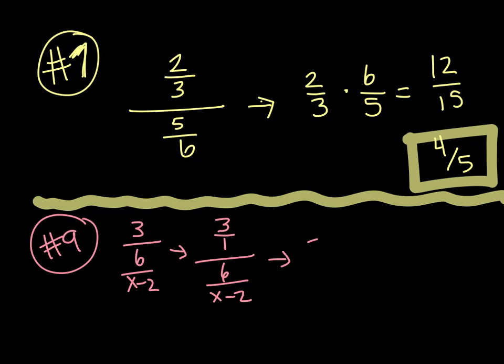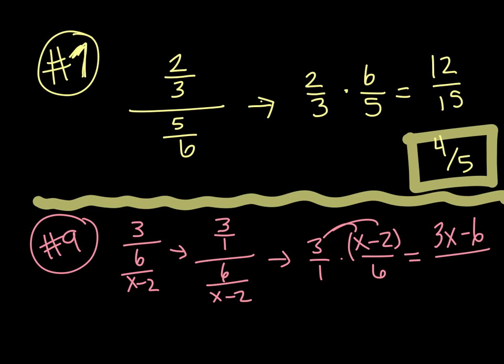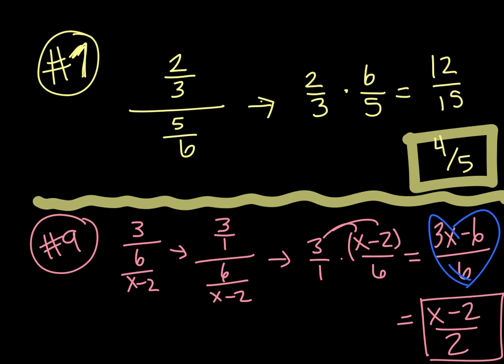And then that will become 3 over 1 times the reciprocal, x minus 2 over 6. So this becomes, if you multiply, 3x minus 6 over 6. And you can reduce all of those by 3. And it will become x minus 2 over 2.